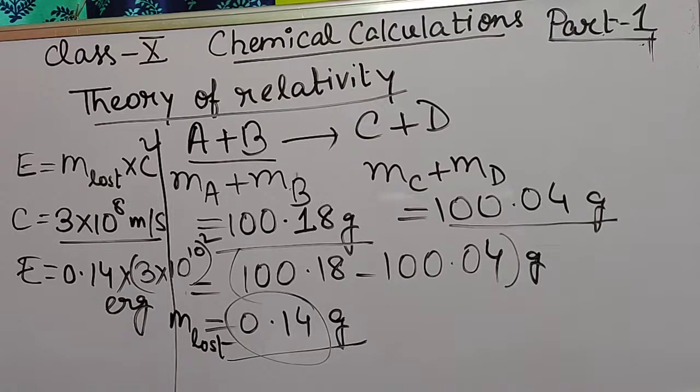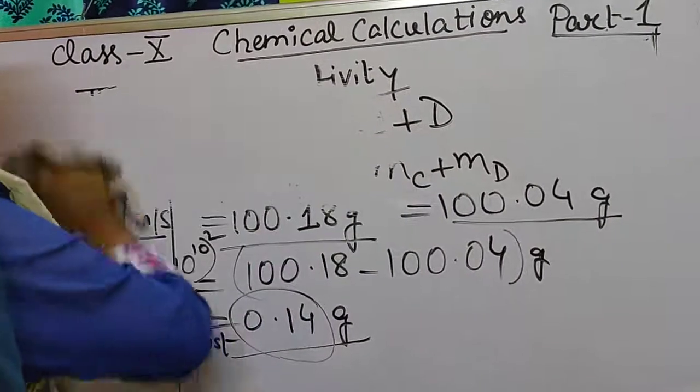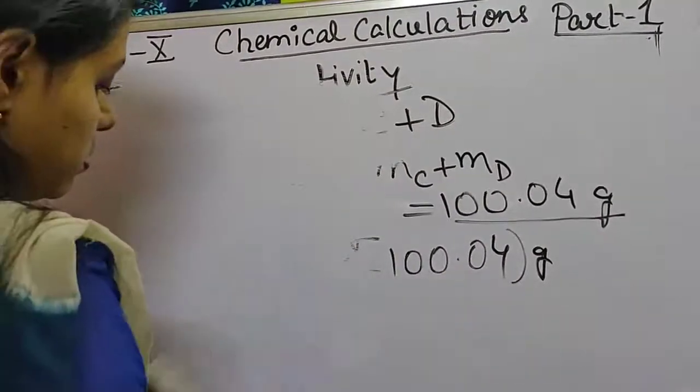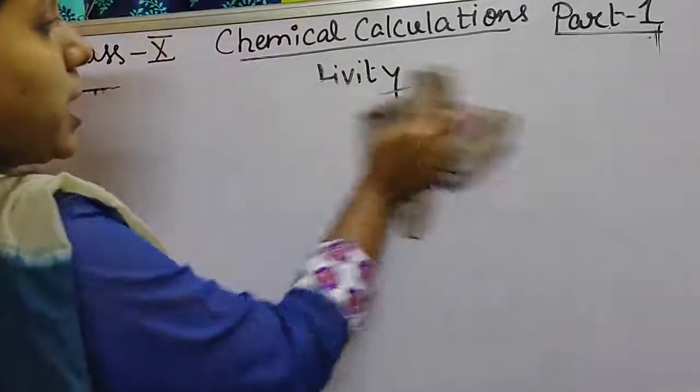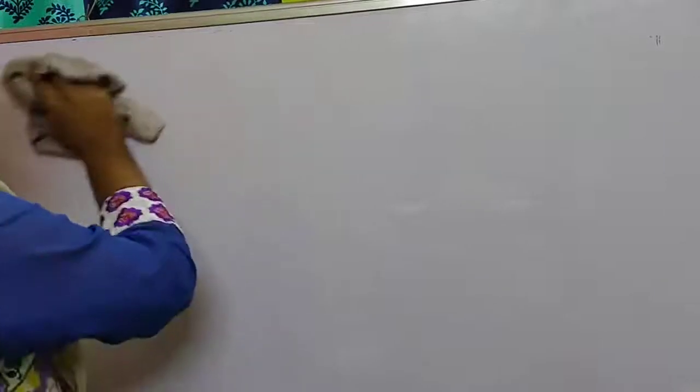Okay. Next thing that I am telling is the information that we get from a chemical equation. What information do we get from a balanced chemical equation?